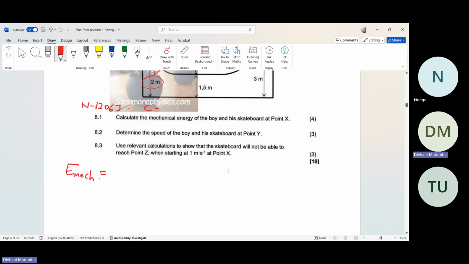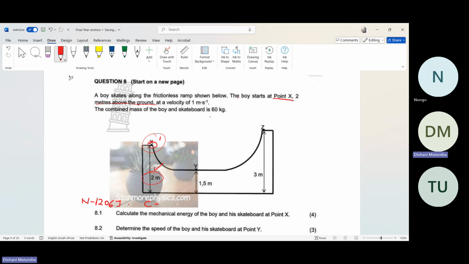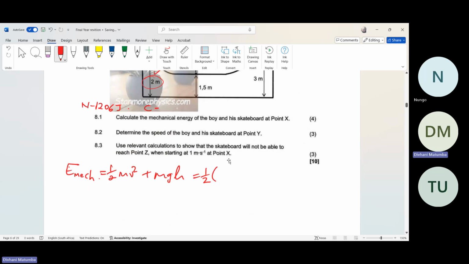That's the first step. Mechanical energy is given by 1/2 mv squared plus mgh. This is 1/2 times the mass of the object, which we have been told is 60 kg, times velocity, which is 1, squared, plus 60 times 9.8, which is our g, times the height, which is 2.